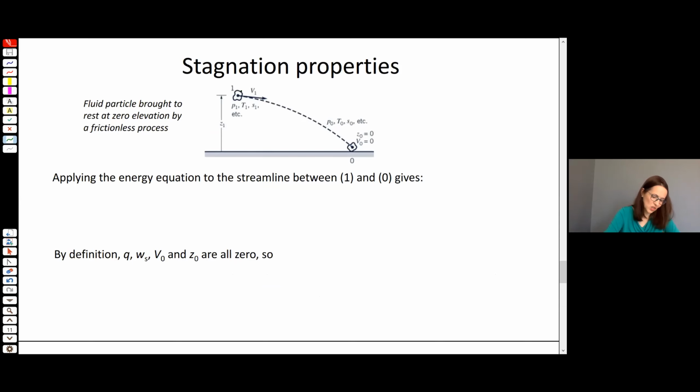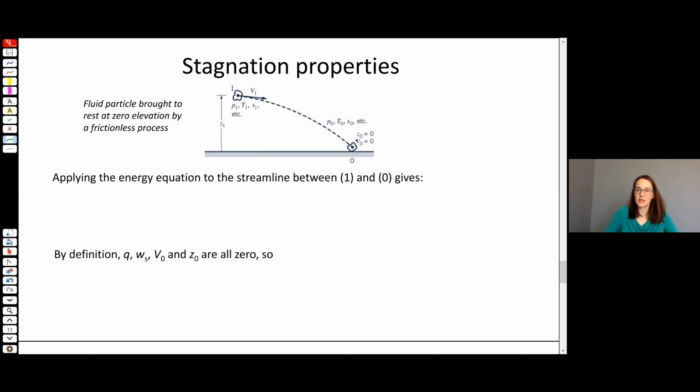It's got some elevation z1, pressure p1, temperature T1, entropy s1. Then somehow, without doing work on it, it's brought to rest at zero elevation, and now all of these properties have a subscript 0 for stagnation. Any property you measure with the particle in this state, not moving on the ground, is a stagnation property.